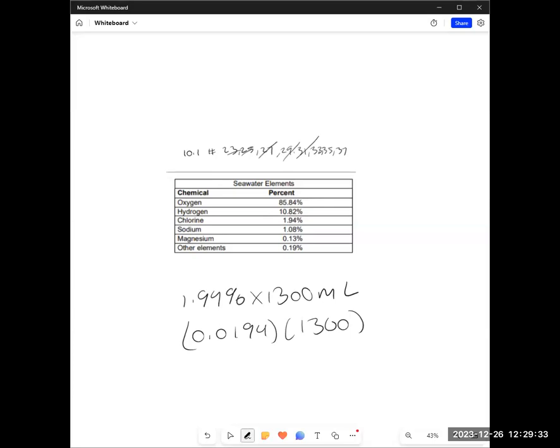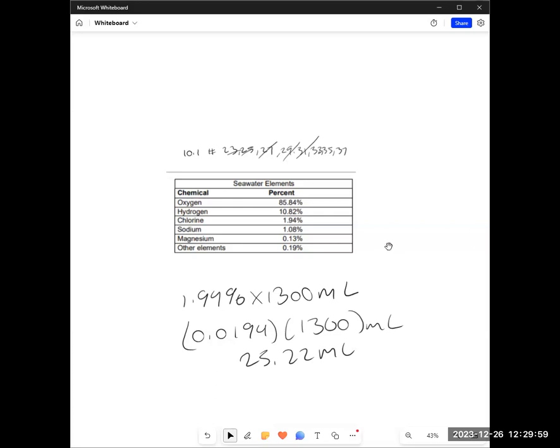There's going to be 25.22 milliliters. And they want me to type in that whole thing. There's no rounding there. It just says enter an integer or decimal.